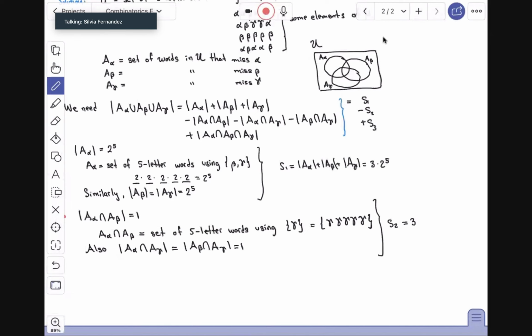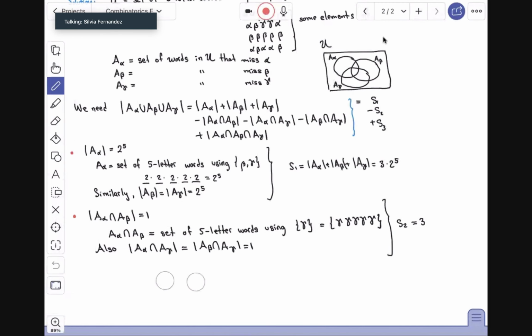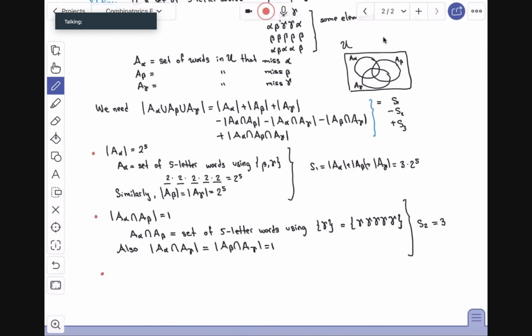And then finally, the triple intersection is empty, right? Because I don't have any available letters. They cannot have alpha, they cannot use beta, and they cannot use gamma. So this is just 0, which means that S3 is 1.